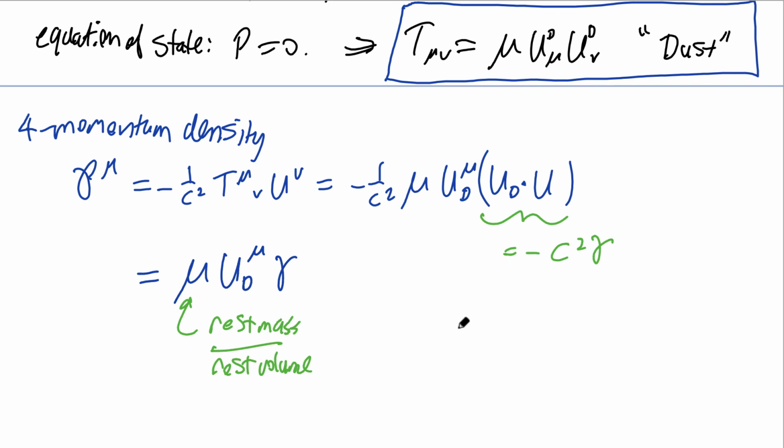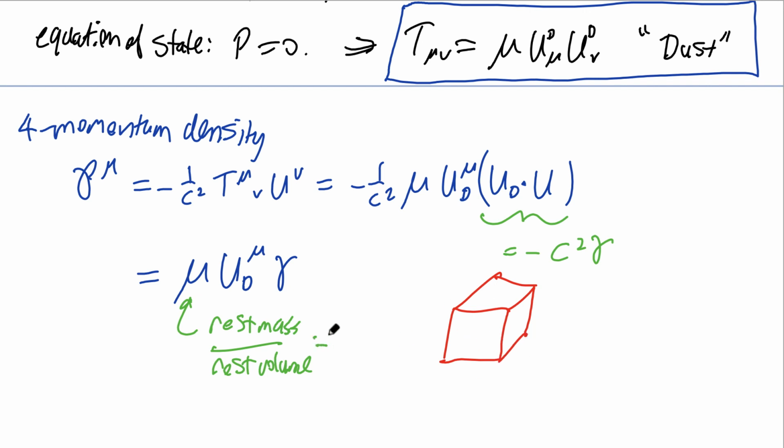So if I have a little packet of dust, then μ is the rest mass contained in this region divided by the volume of this region as measured by an observer for whom the dust is at rest, a co-moving observer.